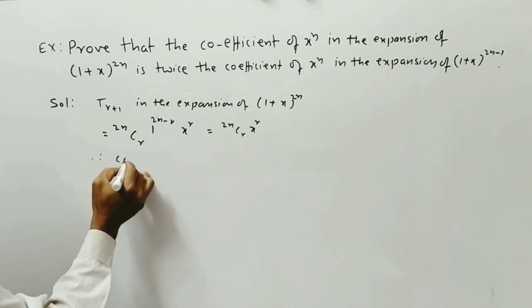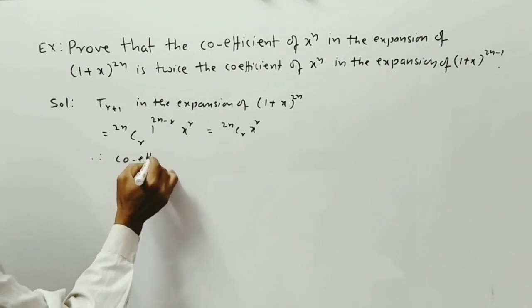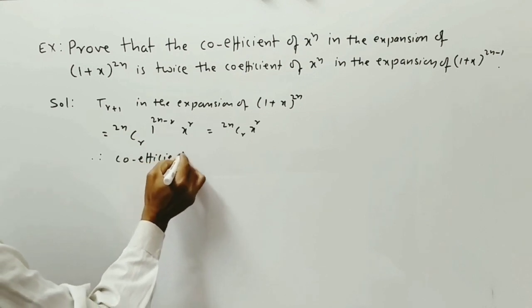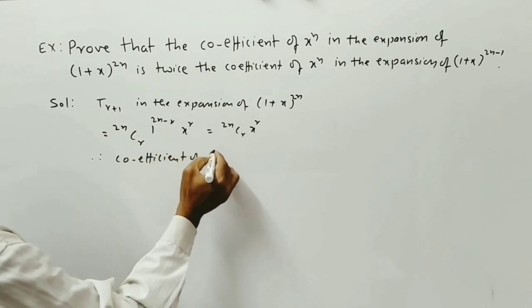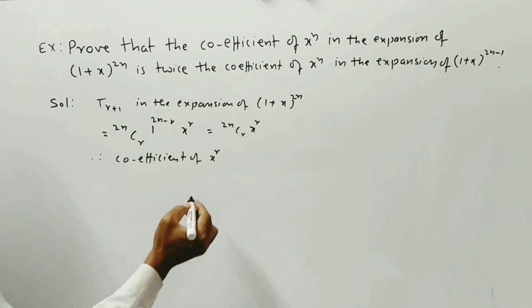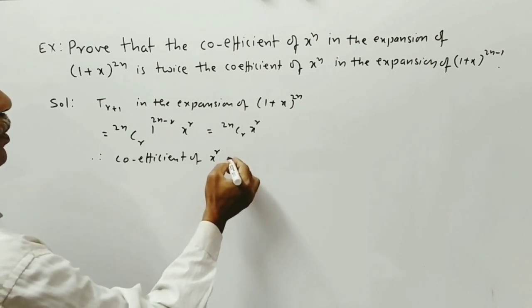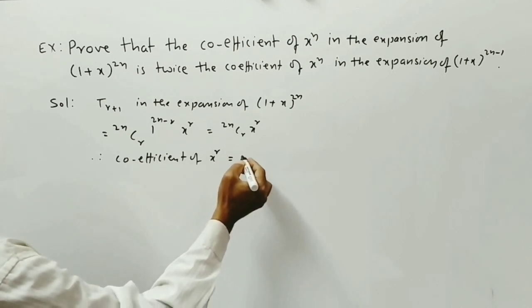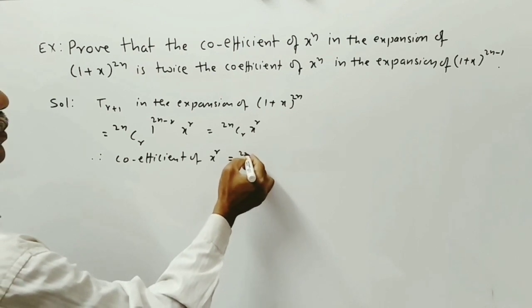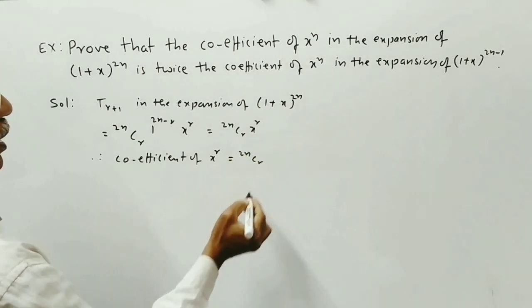Therefore, coefficient of x raised to the power r is equal to 2n c r.